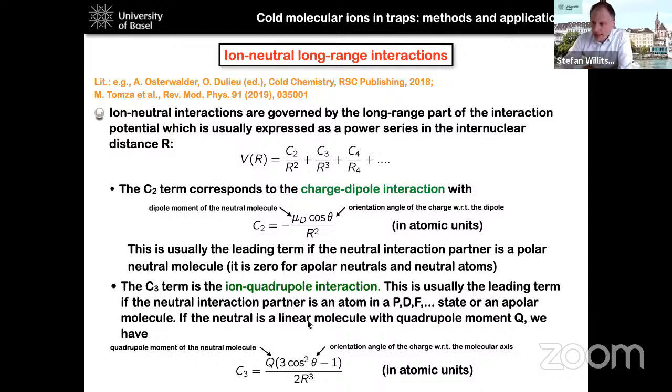So if we stick to a linear molecule, then this is usually taken as the largest entry in the quadrupole tensor. And then again, we have an orientation dependence here expressed with this cosine squared of theta term.